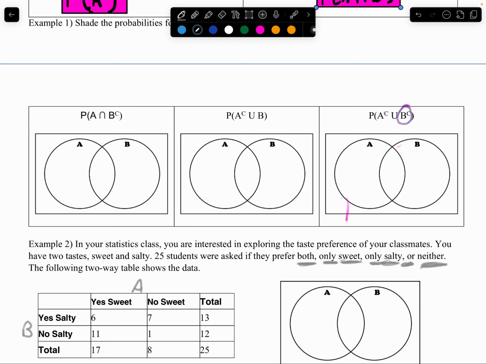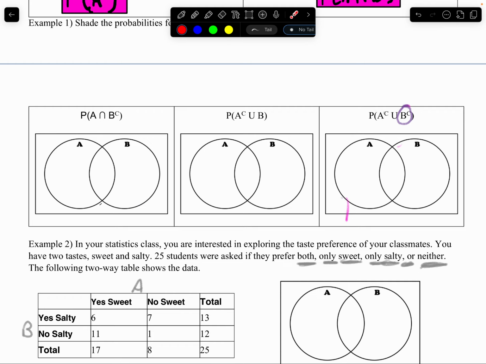So when we look at these, we can ask ourselves to shade these probabilities. So shade A and not B. We don't want to do all of the A circle, because if we shade all of the A circle, that's got part of the B circle in it. And we want to make sure that we don't have the B circle.